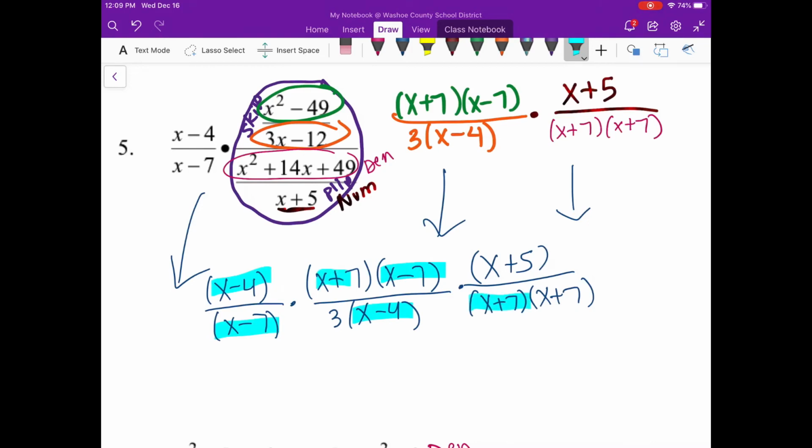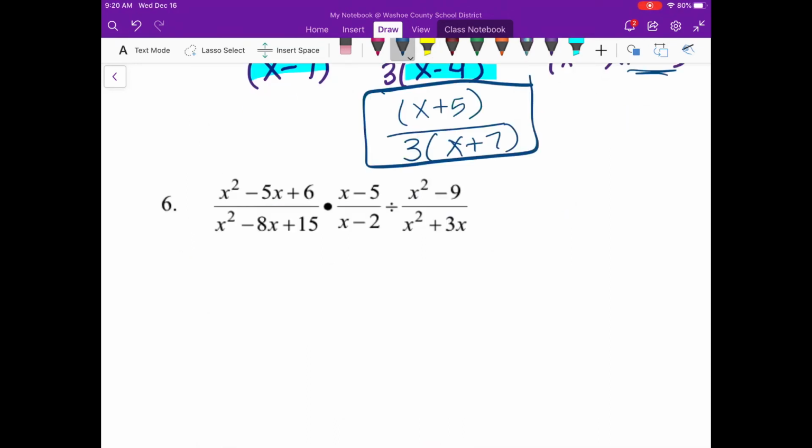So cancel, cancel, this cancels, and then the x plus 7 cancels with one of them, meaning that I have x plus 5 in the numerator and a 3, x plus 7 in the denominator. So sometimes we'll give you multiple things going on, so just work your way from maybe the more complicated, simplify it a little bit. And all right, for number 6, here is what we are going to do.